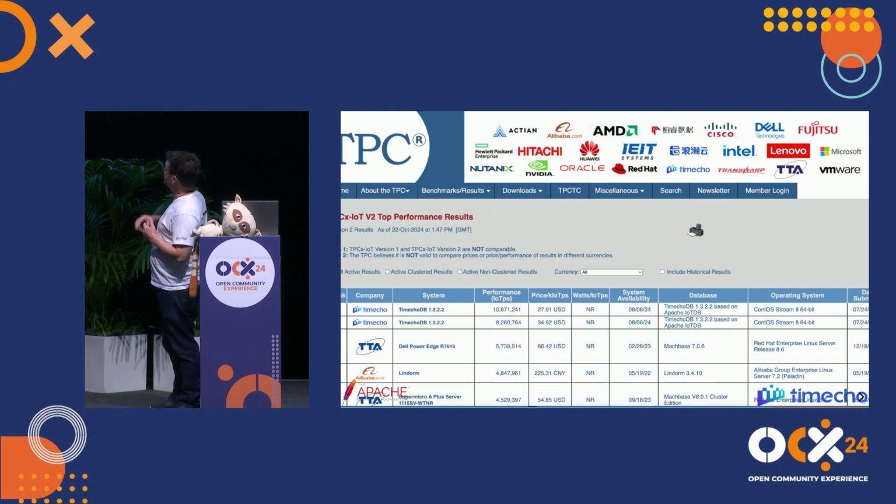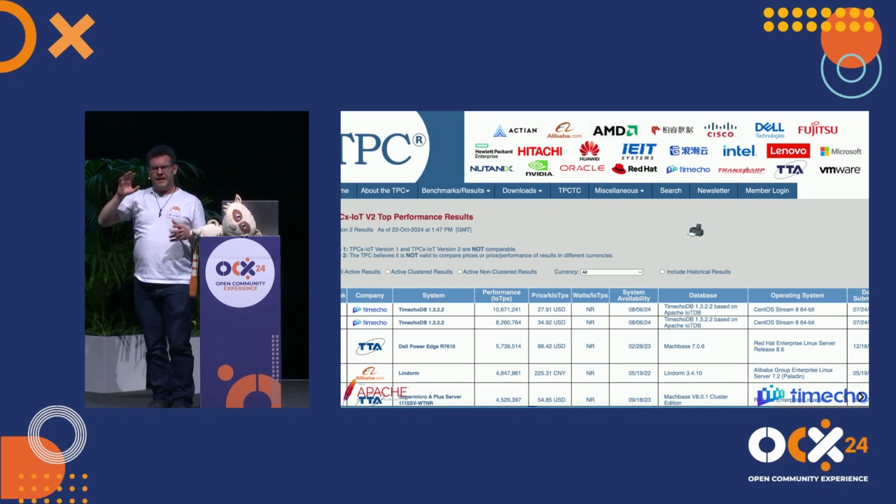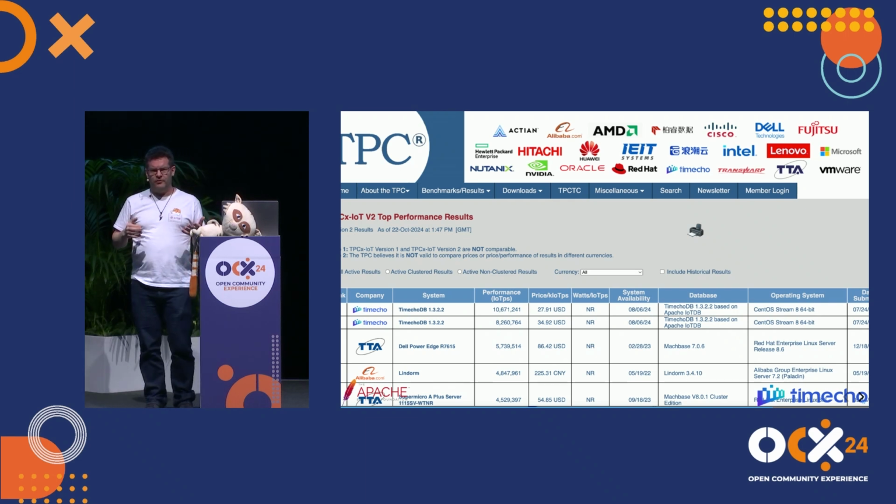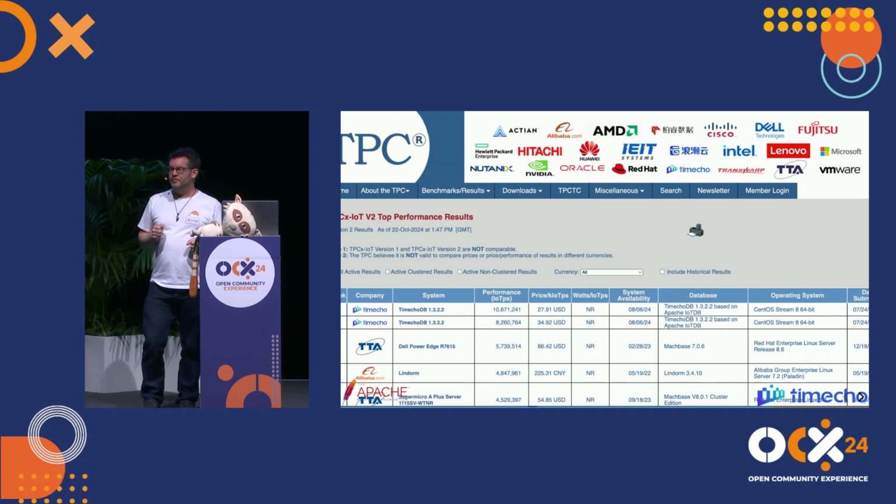If you have a look at the first two lines, I should mention TimecoDB is the commercial offering of Timeco for IoTDB. If a company wants to use Apache IoTDB but wants commercial support, that's when they buy TimecoDB.